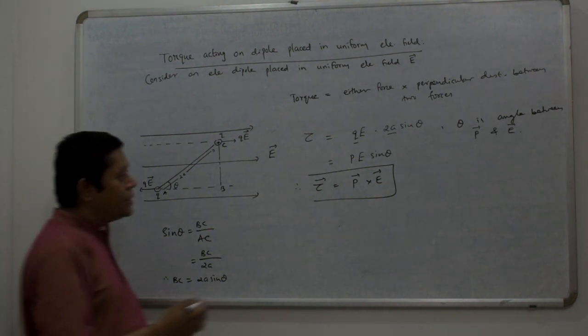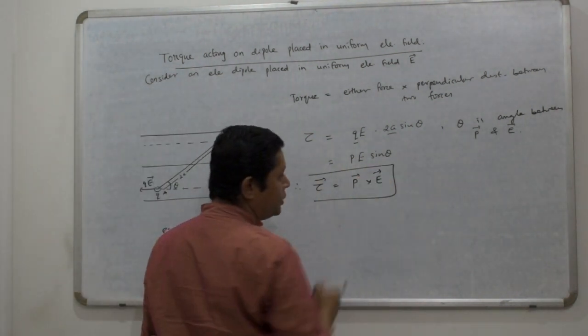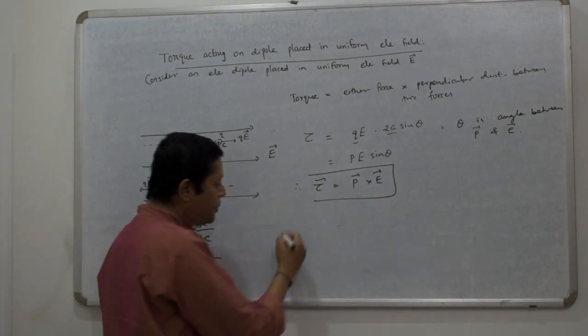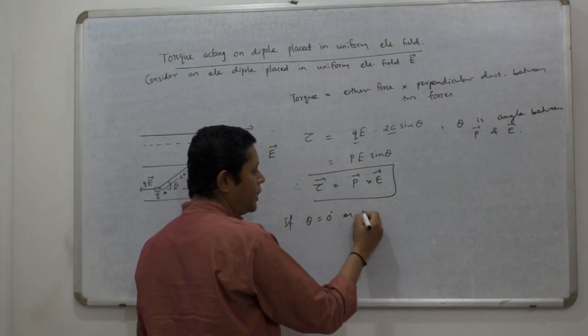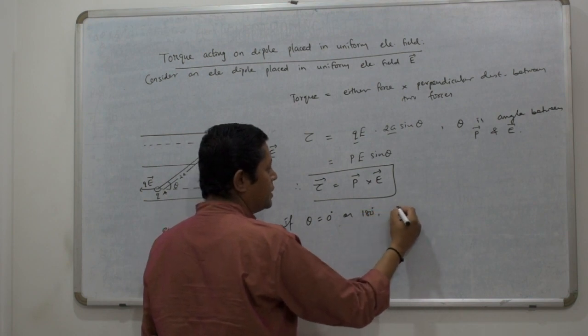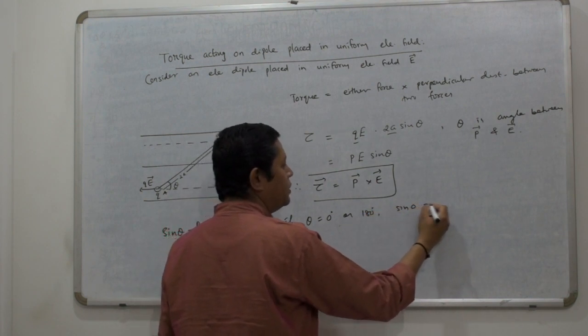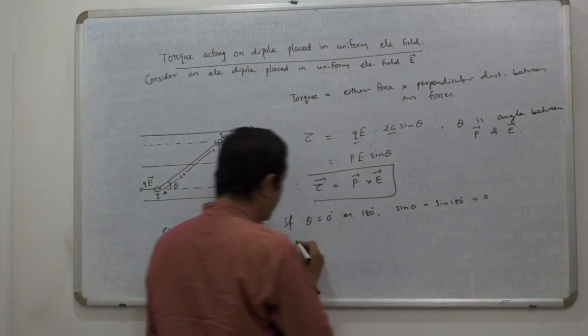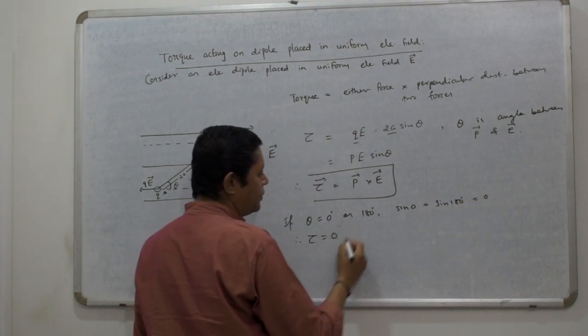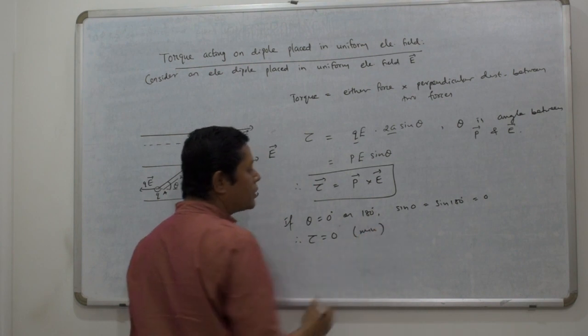So from the equation you can say when the torque will be maximum, that depends on the value of theta. If theta is 0 degree or 180 degree, in that case the value of sin 0 or sin 180 degree is 0, and therefore in that case torque is 0. This is the minimum value of torque.